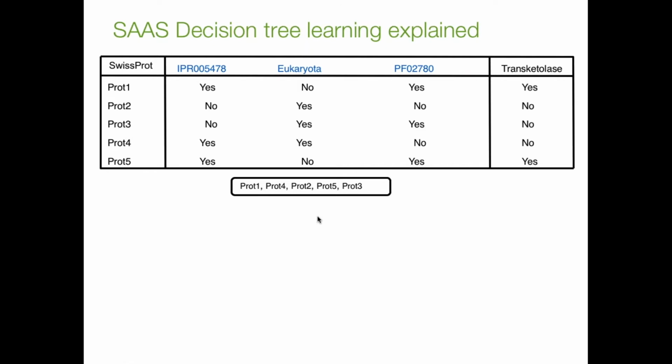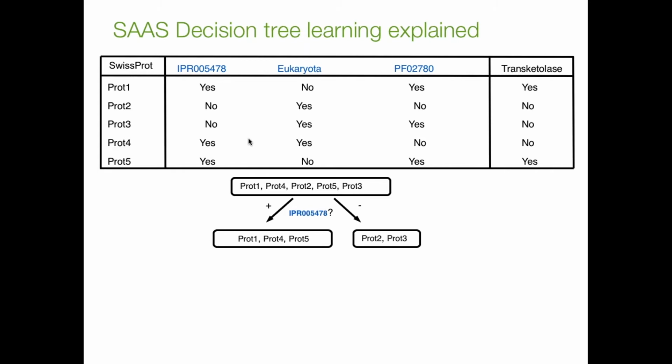At the first step, by using these InterPro attributes, which is the one that is discriminating the two sets into proteins that have this attribute and proteins that don't have this attribute. You can see already that this set doesn't have this annotation transcatalase.